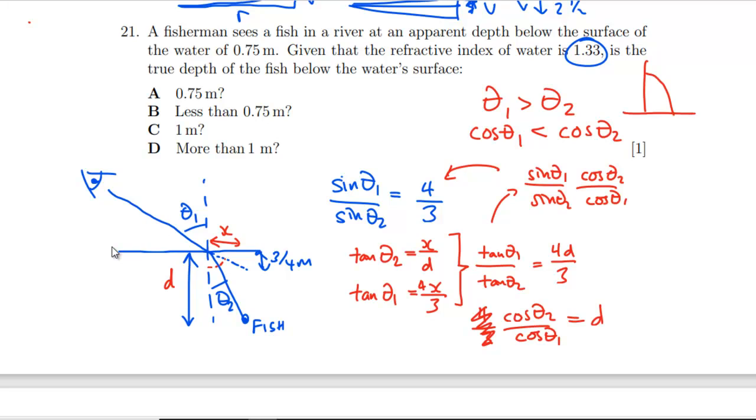So we know that cos θ2 is greater than cos θ1, so therefore d has to be greater than 1. Yes, I'm quite happy with that. That's come out nicely. If you're looking straight down, then that's the limit you're going to get. So it's got to be more than a meter. It's got to end up being d.